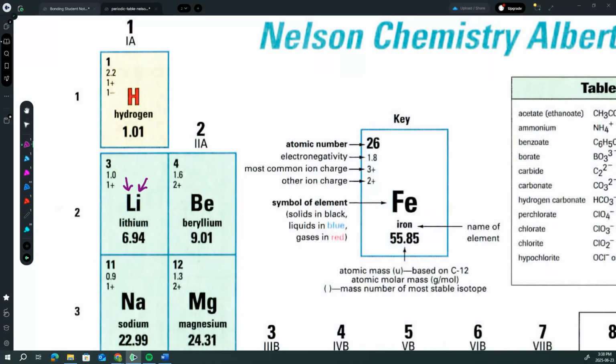Okay, if you had both of the letters capitalized, so something like this, this would mean carbon, and then O would mean oxygen. So just be careful about that. Capital C, capital O is very different from capital C, little o. This is actually cobalt.